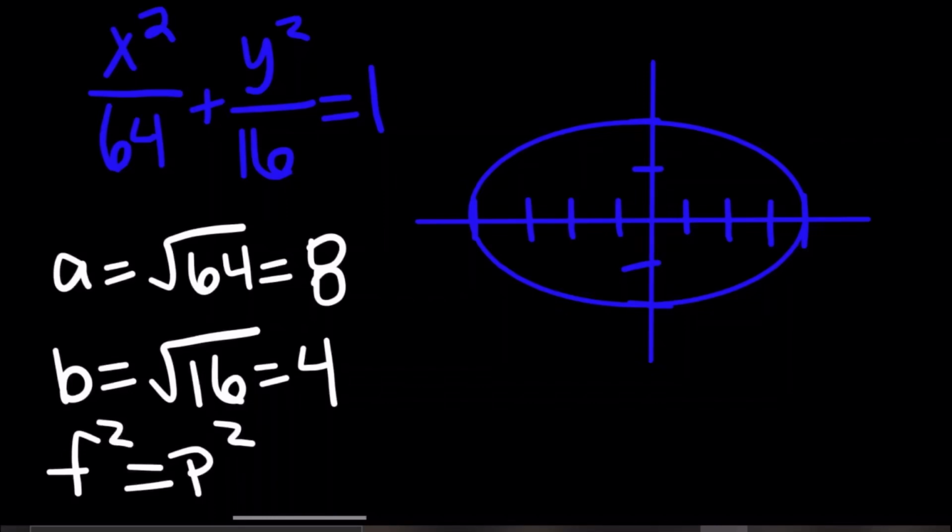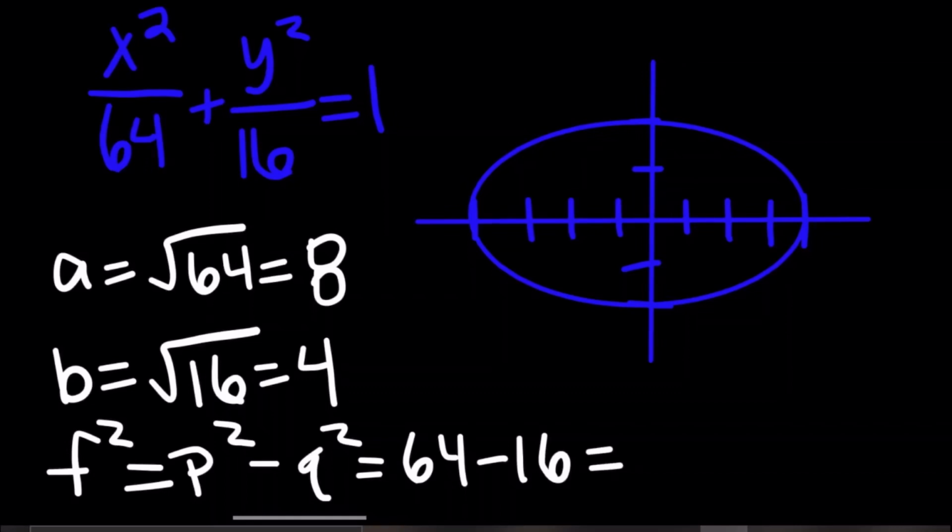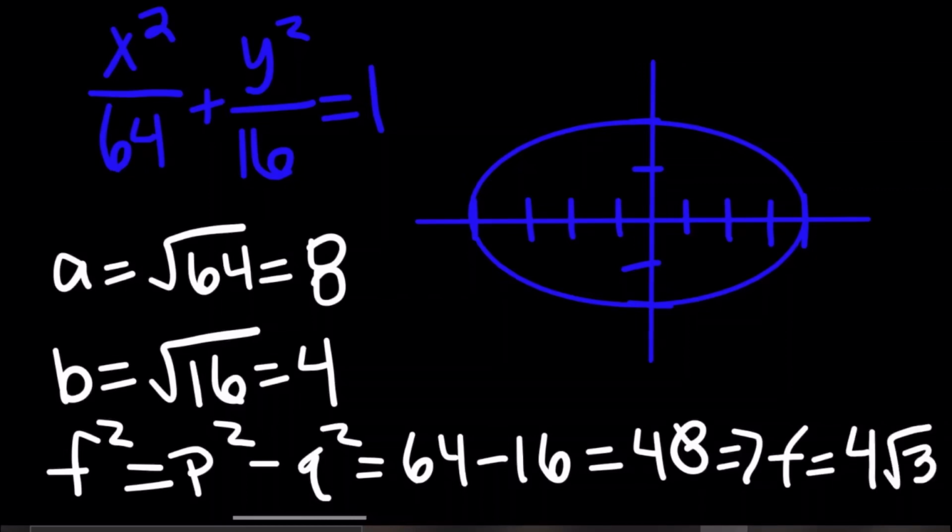The foci can be determined by the formula f squared equals p squared minus q squared. This is 64 minus 16, which equals 48. This must then be square rooted to get 4 root 3. This is approximately 6.9, so we can go ahead and plot those points 6.9 units away from the origin on both sides of the semi-major axis.